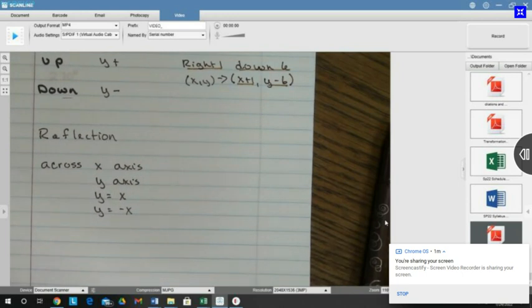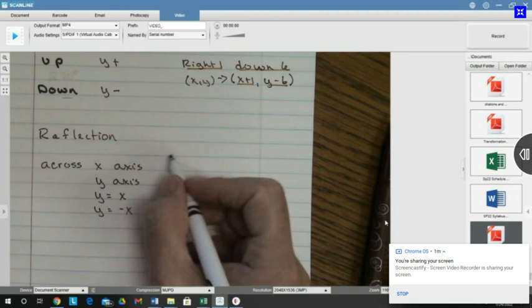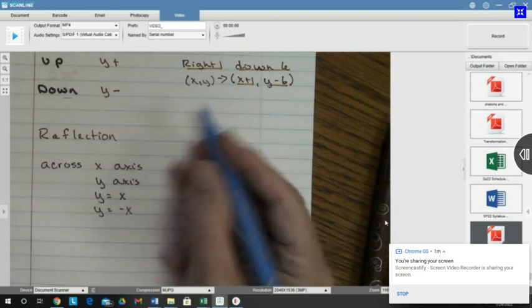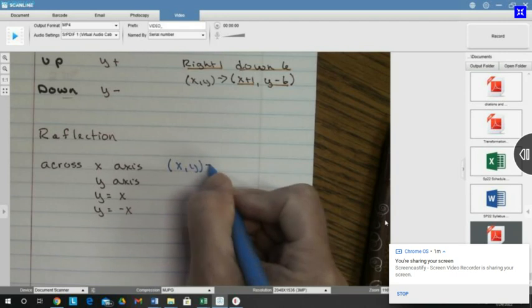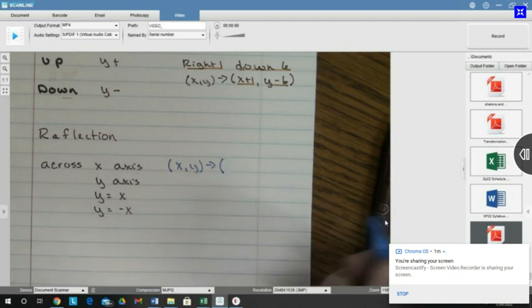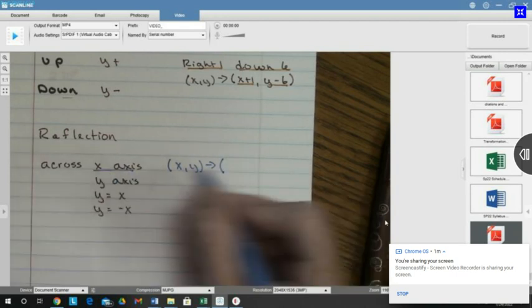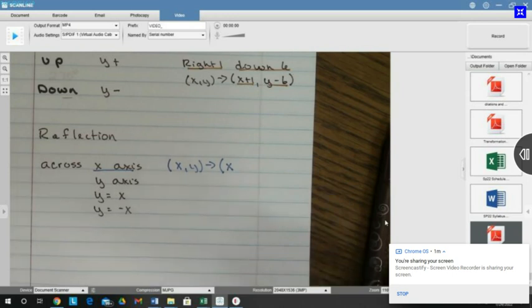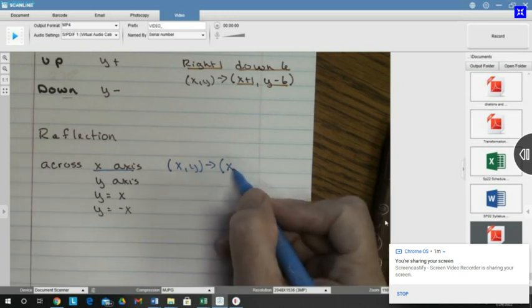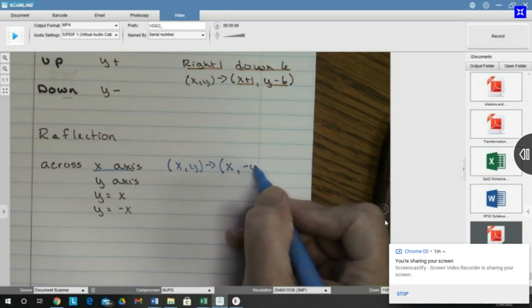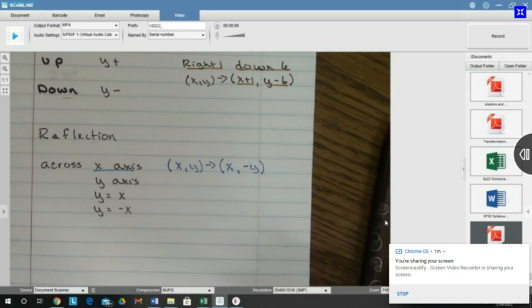If I'm going across the x-axis, remember the coordinate x, y, that's what your rules start with, goes to across x, x stays the same. Whoever I'm going to flip across is going to be the one to stay the same. So x stays the same, opposite of y, right?